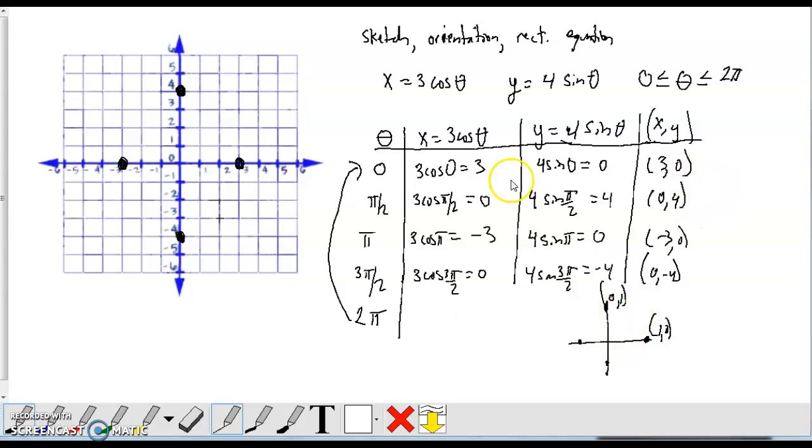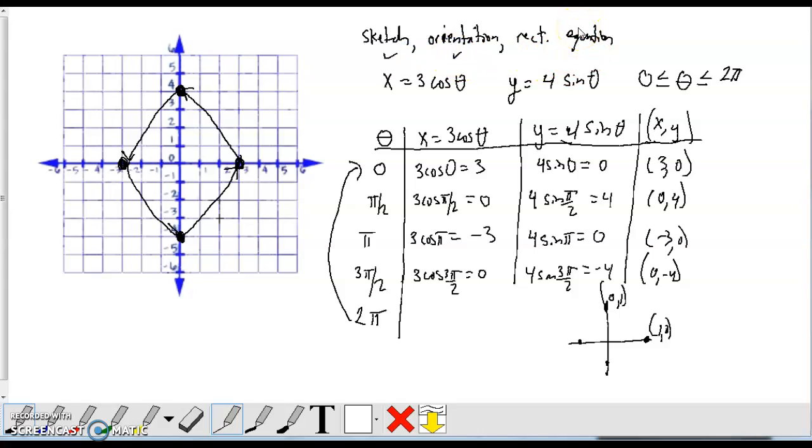I ran out of room. I know that I'll be at 3, 0. So essentially, we have created something that is going to be connected. It's actually an ellipse, even though we didn't talk about ellipses this year. And it just keeps going around in this lovely circle. So we sketched it, we oriented.